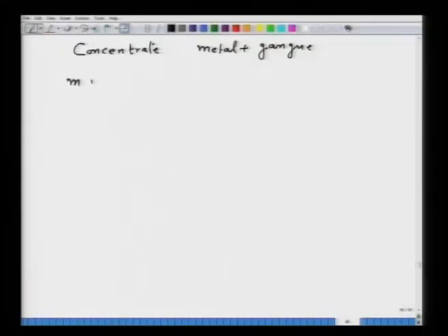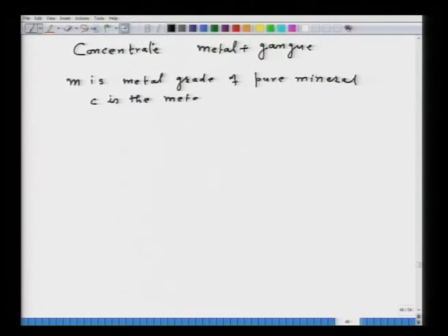Now, let us just quantify it. So, let us say M is the metal grade of pure mineral, C is the metal grade of concentrate. Now, I am analyzing the concentrate. So, gangue in the concentrate will be how much?